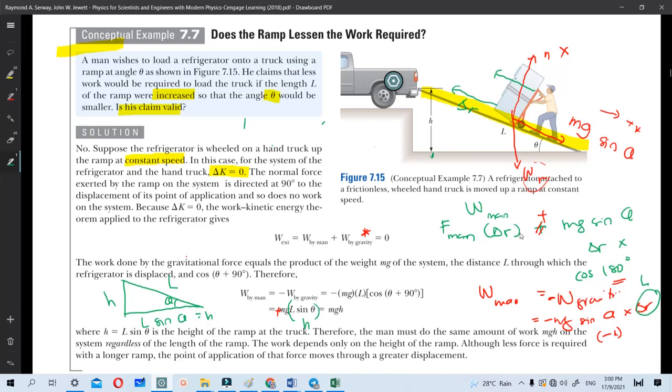And that makes it easy to say to him that, yeah, he is definitely wrong, that it doesn't depend on the angle. It depends only on the vertical height.